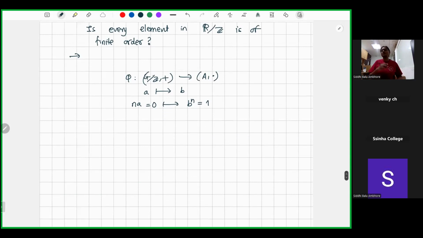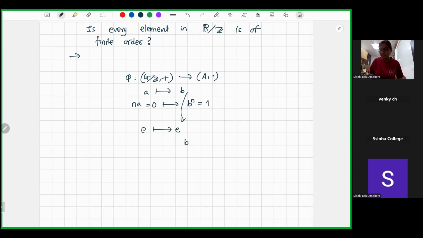But since we are talking about group isomorphisms, if I have even one element in B which does not have finite order, then for that element to be here, I also need some a such that it will have infinite order or something of that sort. Because the identity always goes to the identity.